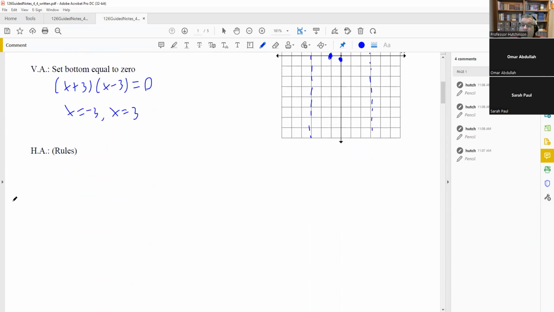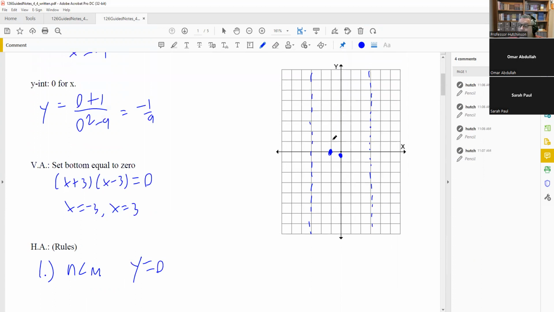Now in this case, what I have is an example of rule number 1, where n is less than m. Highest power on top is less than the highest power on the bottom. Automatically, it's going to be y equals 0. So with our graph right there, we have the x-axis just so happens to also be our horizontal asymptote.